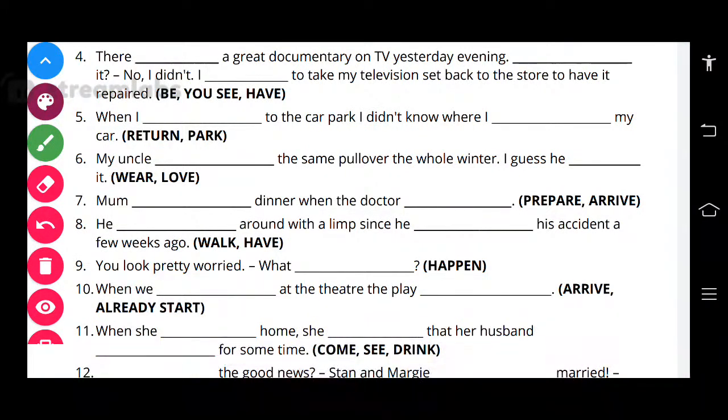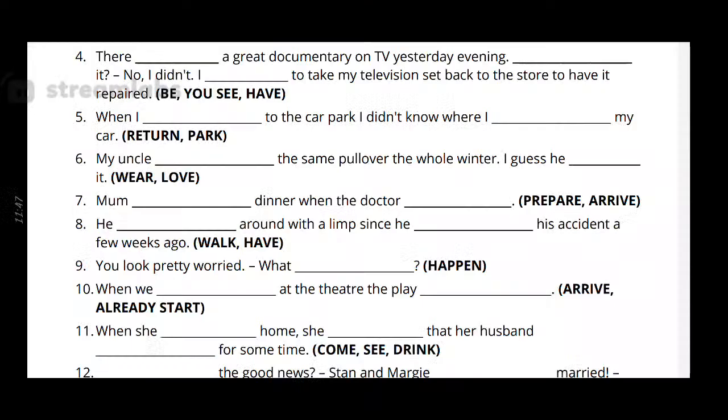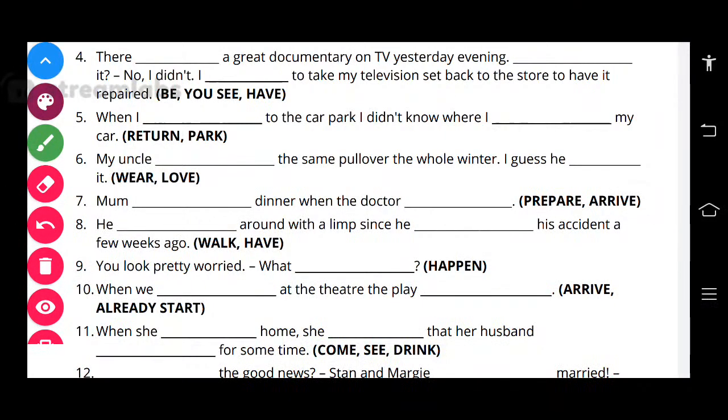Okay, let me go ahead. So far I have explained 7 examples. Have you all understood this? We have to go through these 7 examples.